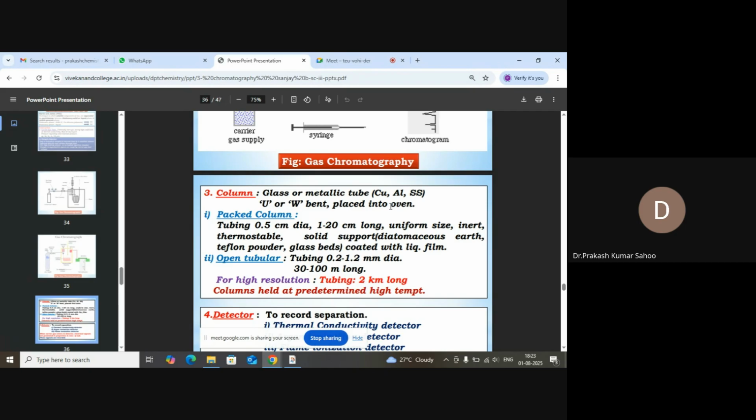It is a tubing of diameter 0.2 to 1.2 millimeter, 30 to 100 meter long. For high resolution, tubing may be 12 kilometer long. Columns are held at a predetermined high temperature. So this is the primary construction of the column, which may be called the stationary phase of gas chromatography.